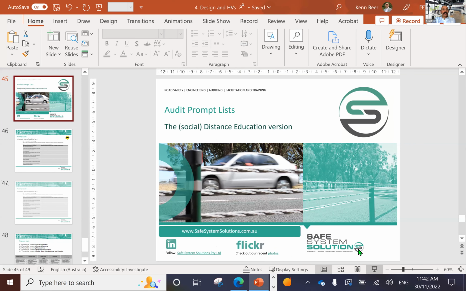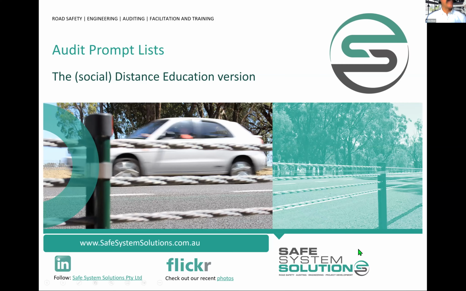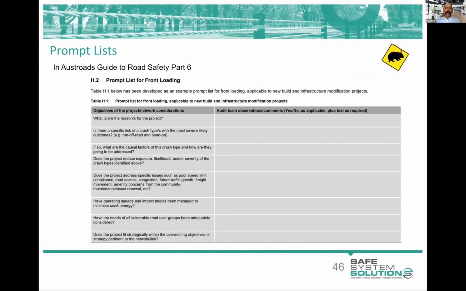I'm just going to expand a little bit on Tony's prompt list discussion there. And he did a good job in recognizing that they are prompt lists only. They don't cover everything. The most recent update to the Australian Guide to Road Safety Part 6 has an updated set of prompt lists.